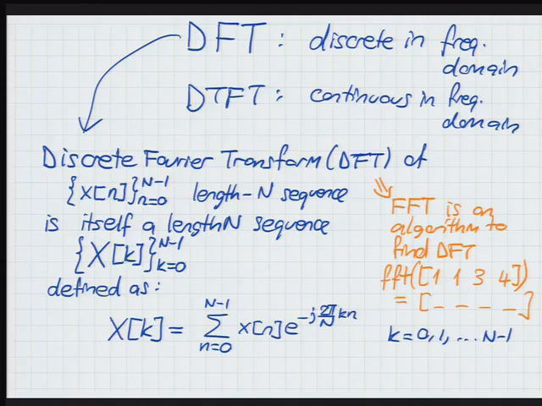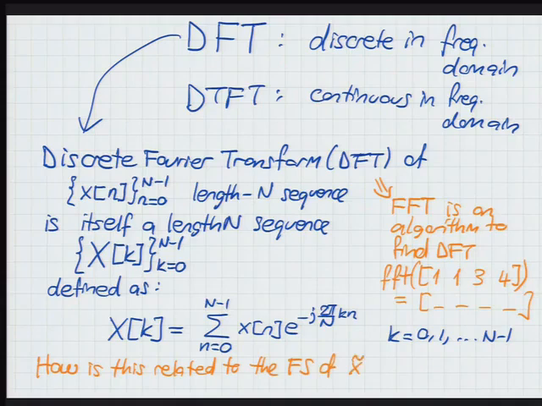So I'll leave this as a question to you. While I'm writing, think about the answer. How is this related to the Fourier series of a periodic signal x tilde of n that I'm going to define as follows: x of n modulo capital N.